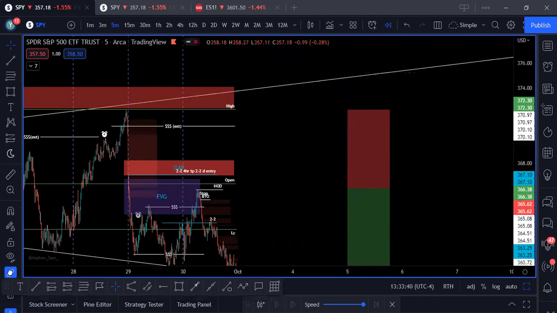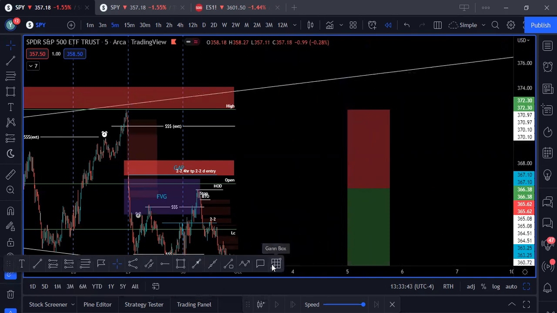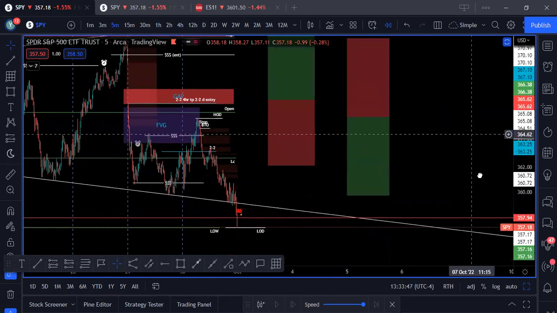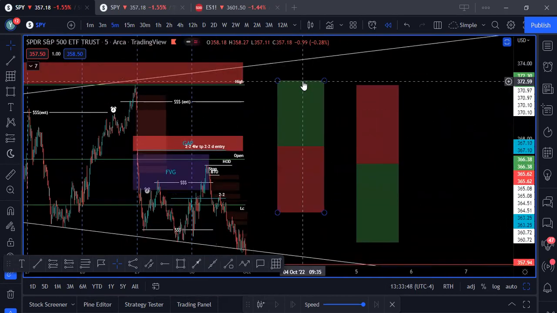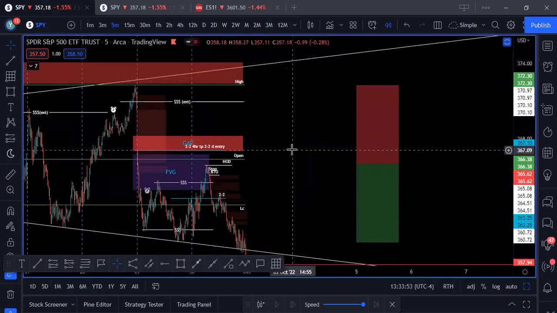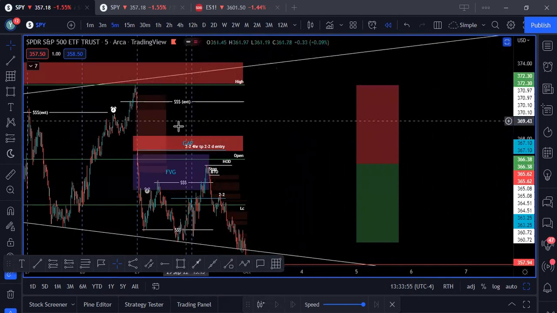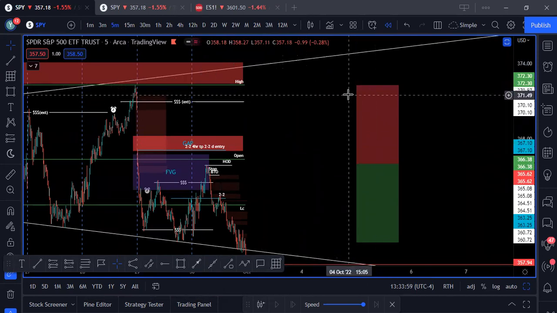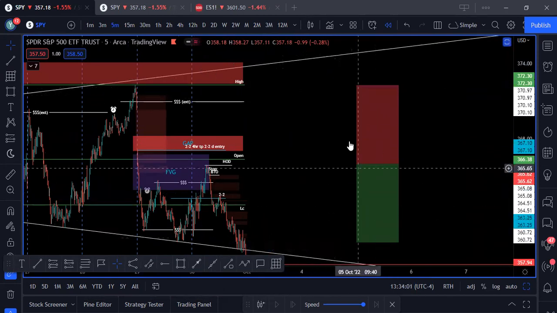Then I found out you can use the Gann box, and it will do it for you instantly. The main concept is when you're in premium, which is the high, you want to be looking to go short. And when you're in discount, you want to be looking to go long.